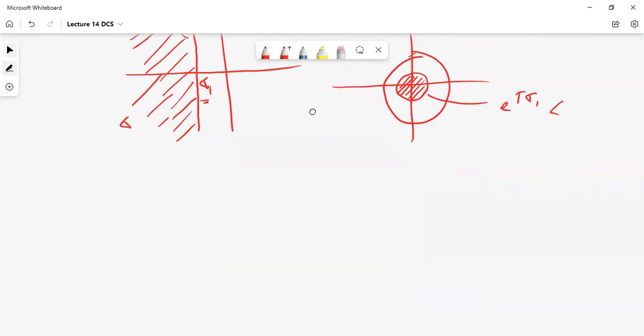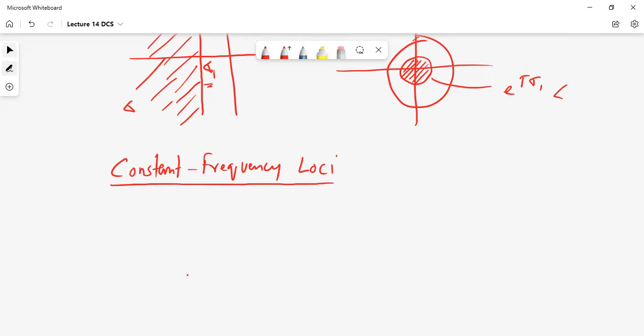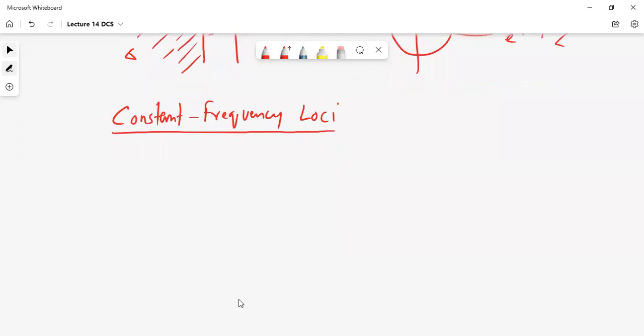The next thing that we should discuss in the mapping is the constant frequency loci. Basically, if you have horizontal lines in the S-plane, always keep in mind that the boundary may be j omega s by 2 to minus j omega s by 2.